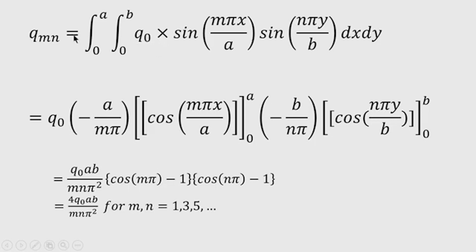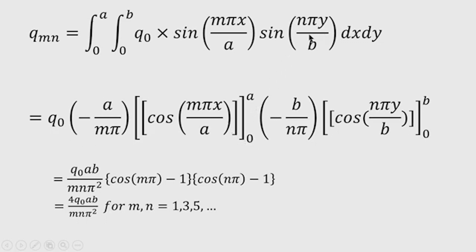So, it can be taken outside the integral sign, and after integration with respect to x, you will get this term as a constant minus a by m pi, and the integration of sin m pi x by a will be cos m pi x by a, and this constant appears after integration, that the constant a by m pi with a minus sign comes out here, and the limit of integration is shown here as 0 to a.